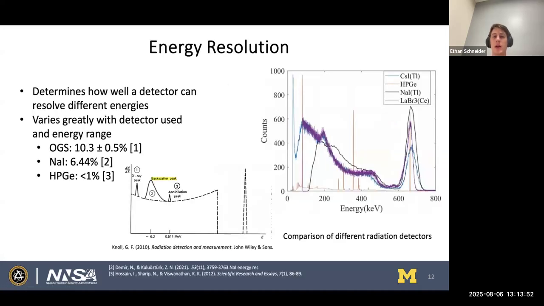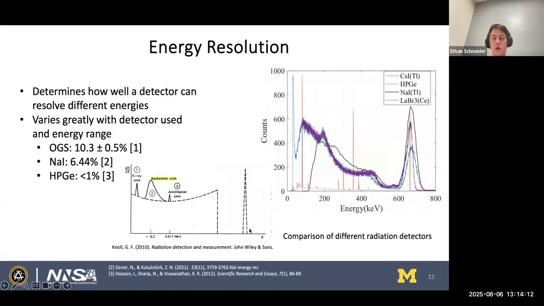So now that we have a calibrated detector, we're able to start doing things such as calculating the energy resolution of our detector. So energy resolution gives us an idea of the smear that we'll get from a single energy source.